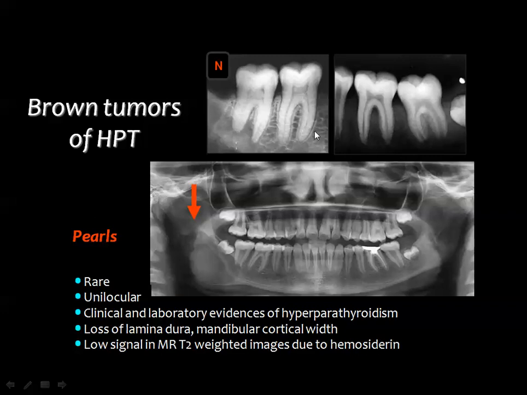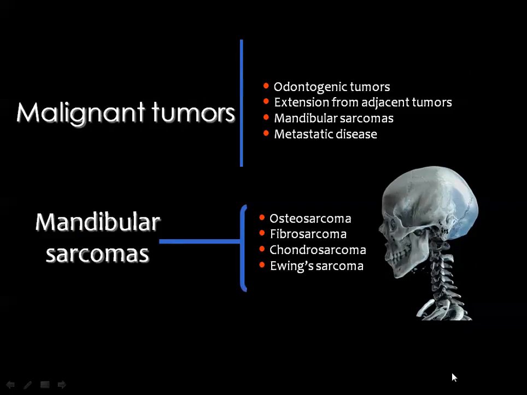And this is a very good example of resorption or loss of the lamina dura in a case of hyperparathyroidism. Then if you see loss of the lamina dura and you see an expanding lesion in the mandible, you may think of brown tumor, and you can investigate the patient for the possibility of hyperparathyroidism.